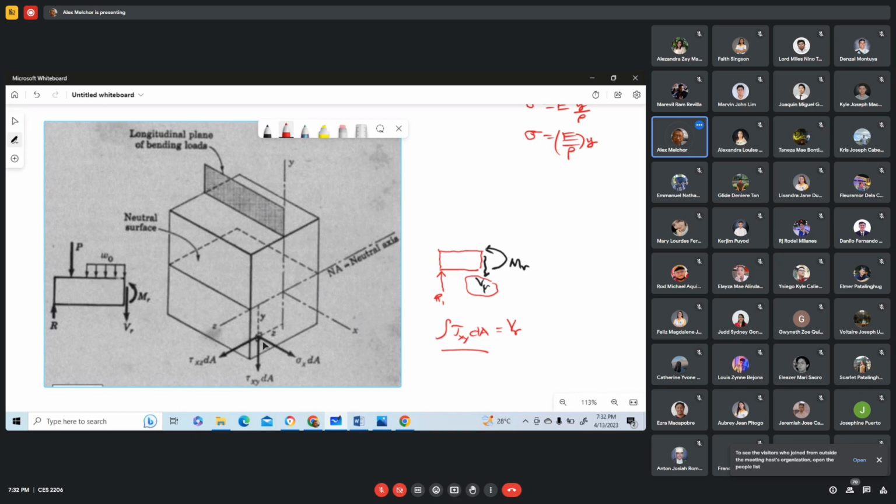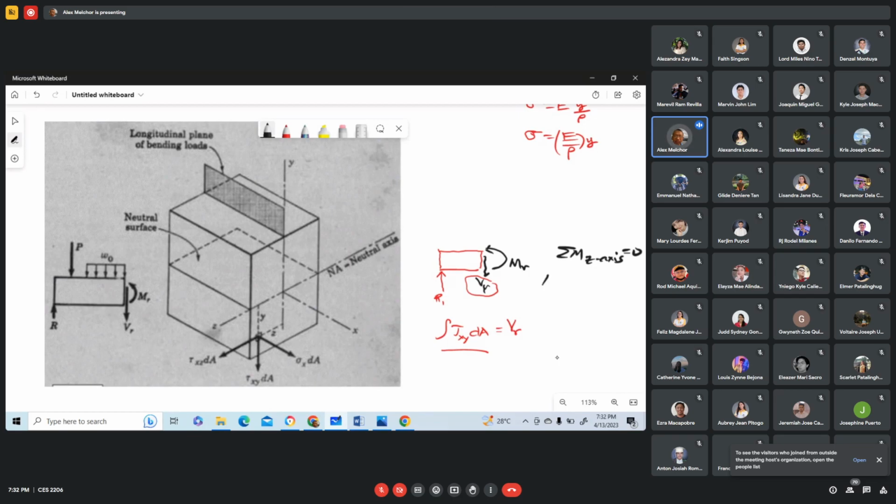Okay. Now, the bending moment due to the load. Because this is an equilibrium condition, we can use the static equation, summing up moments about the z-axis equal to zero.